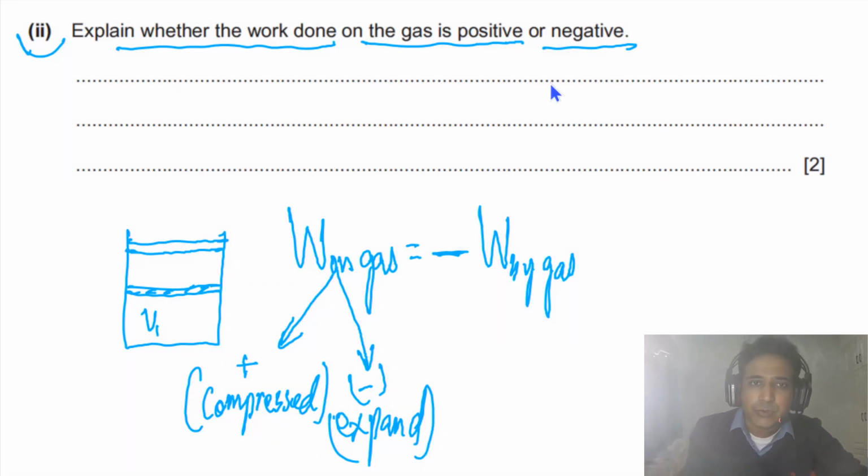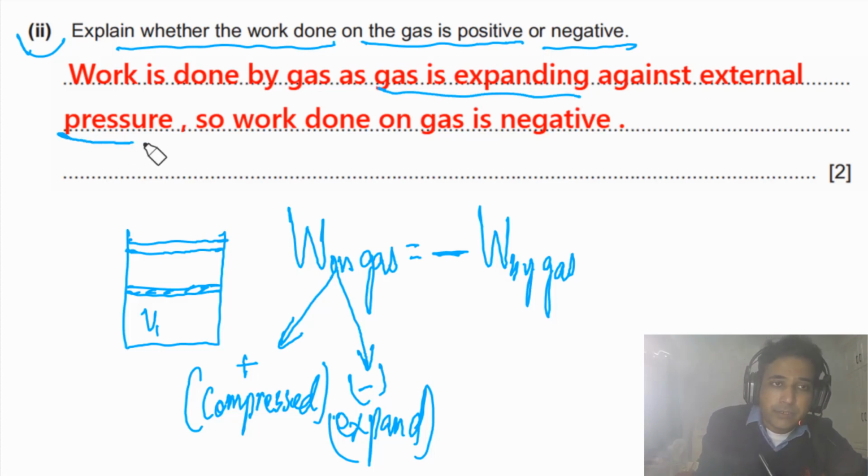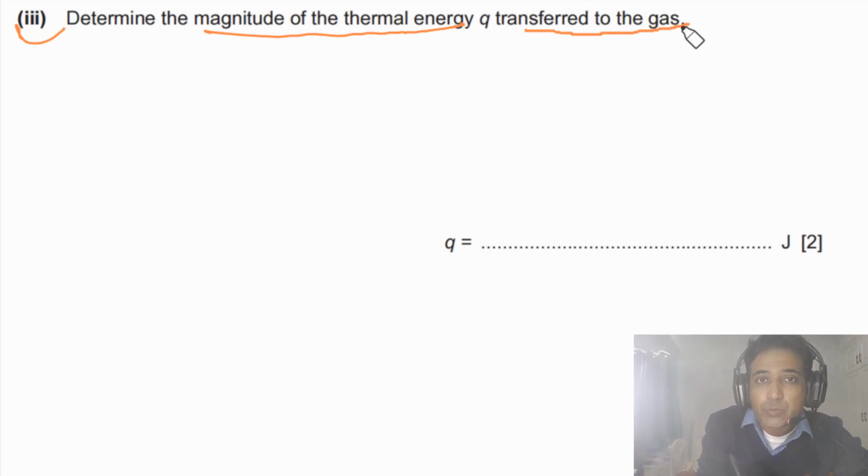This is what you need to write down: work is done by gas as gas is expanding against external pressure, so work done on gas is negative. The third part says determine the magnitude of the thermal energy Q transferred to the gas.